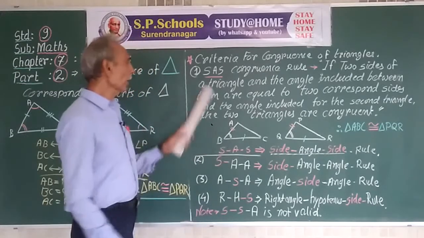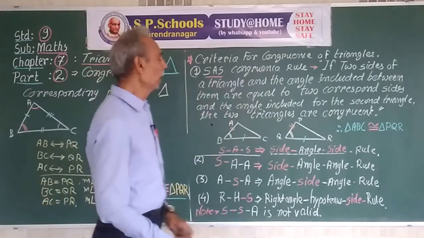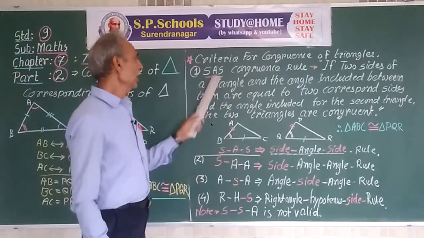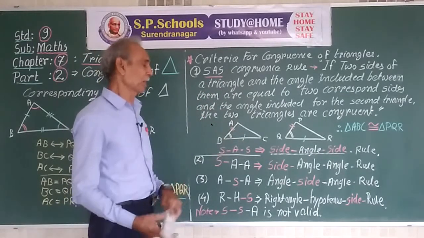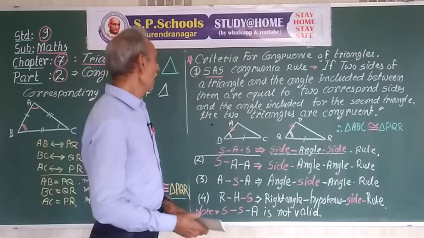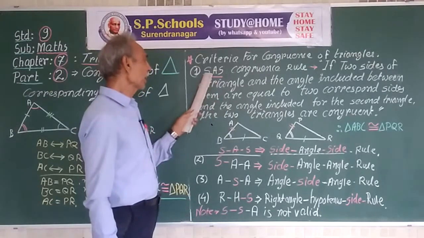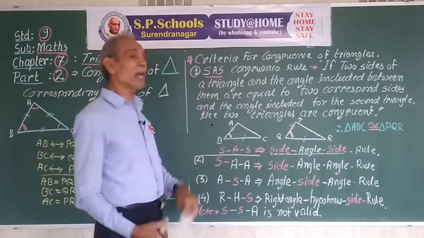So this is a very important rule in which the angle that we consider is the angle included between the two sides. Now here two sides are taken and the angle between them is taken.